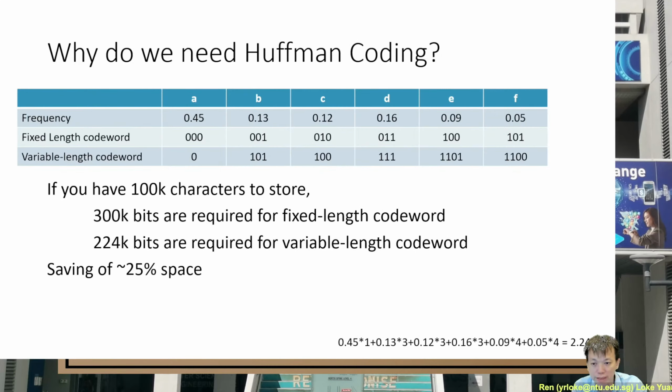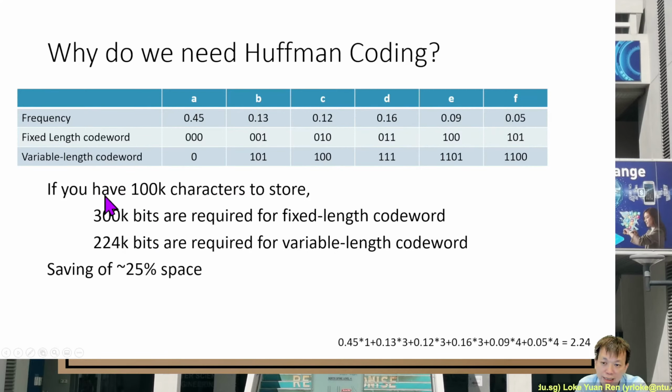So why do we need to do this? First, like I mentioned, let's say you have 100,000 characters to store. If you use a fixed length code, for example with only six characters A, B, C, D, E, F, and I use 3 bits each, you need 300,000 bits to store.